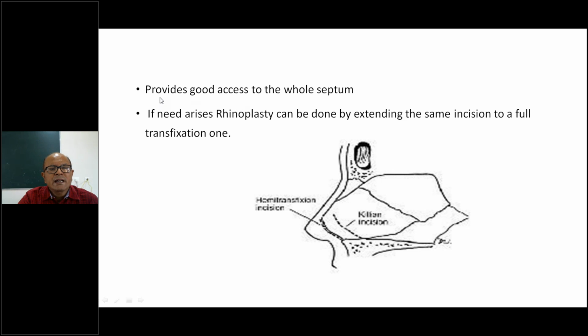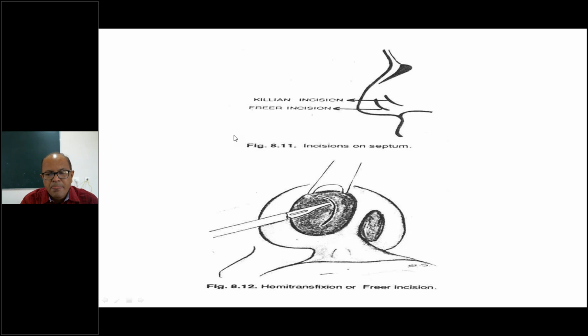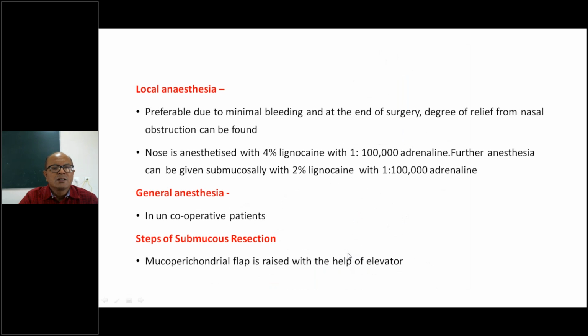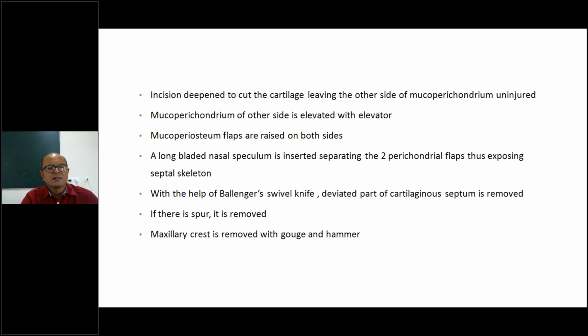The hemitransfixation incision gives good access to the whole septum, and if need arises, rhinoplasty can be done by extending the same incision to a full transfixation. So here, the hemitransfixation incision or the Freer's incision.